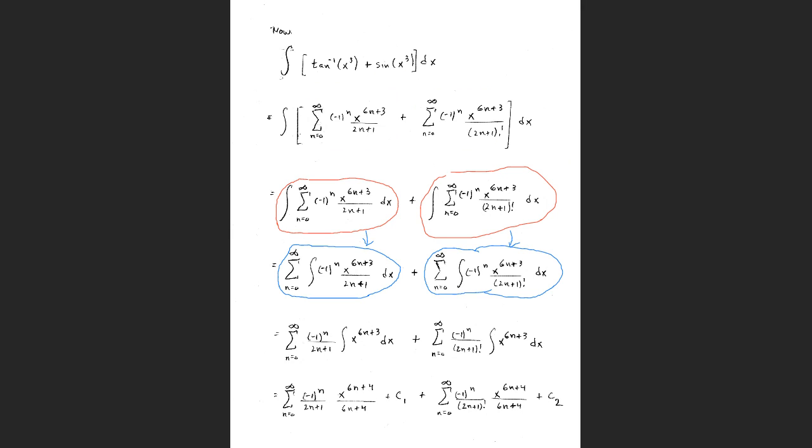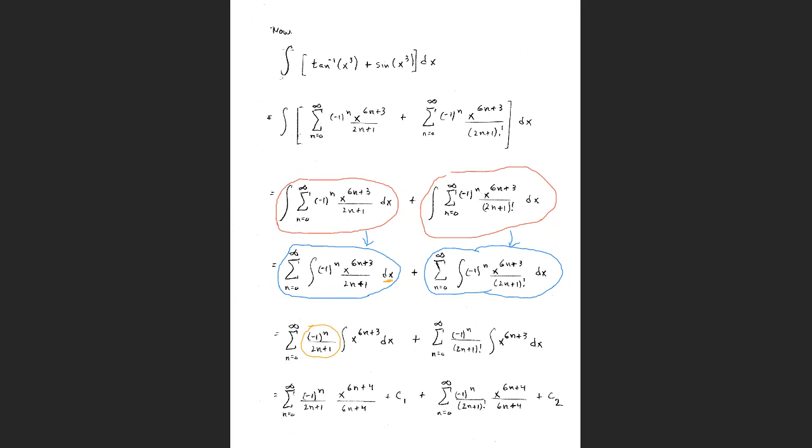But now, okay, now I have to proceed to integrate. Well, remember, in the first integral, we're integrating with respect to the x variable. So that means -1 to the nth power over 2n plus 1 is treated like a constant, and that can be brought out in front of the integral.